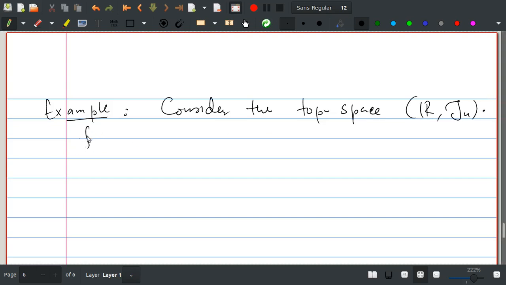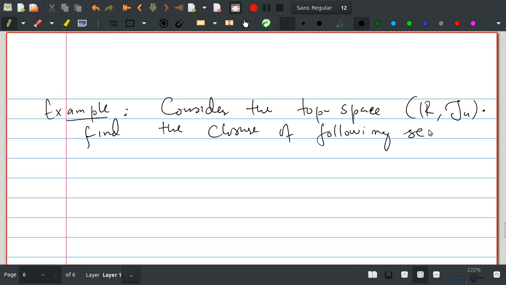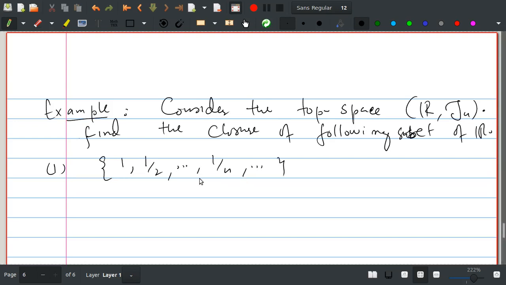So find the closure of the following subsets of R. So first one is, this set contains the elements of the form 1, 1 by 2, and so on, 1 by n, and so on. Second, the set Z of integers.